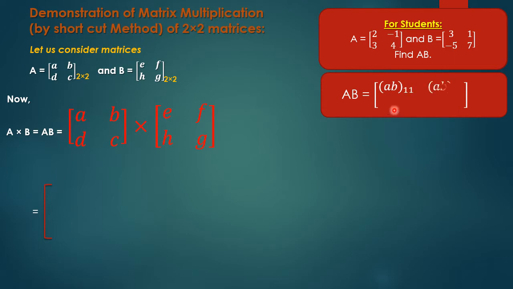It has the entries AB11, AB12, AB21, AB22. Our new matrix will be in this format. Now follow the steps carefully and apply them to these matrices on your screen.